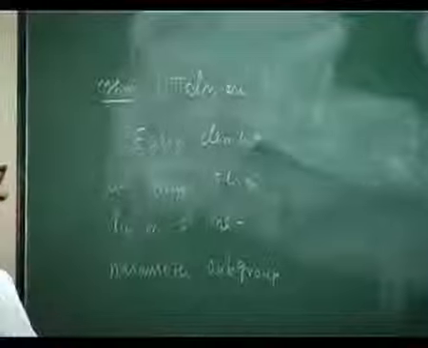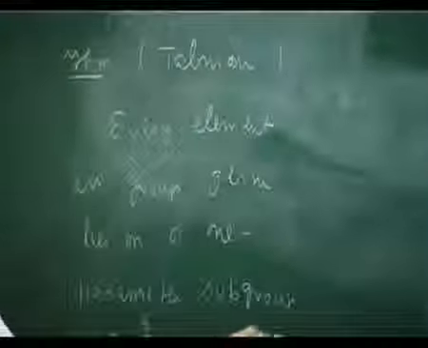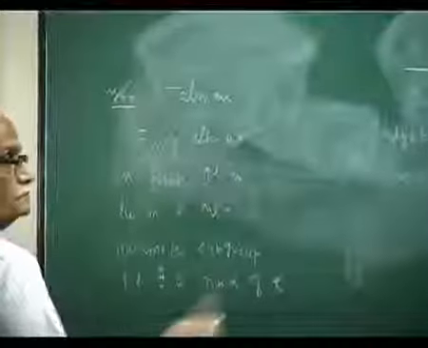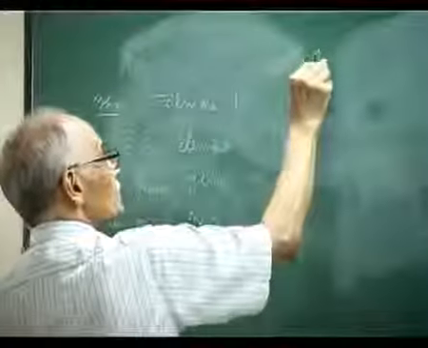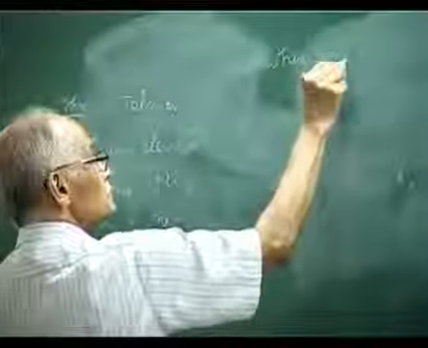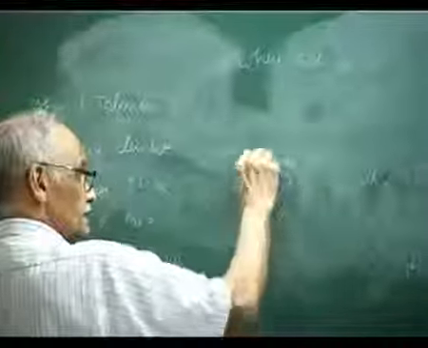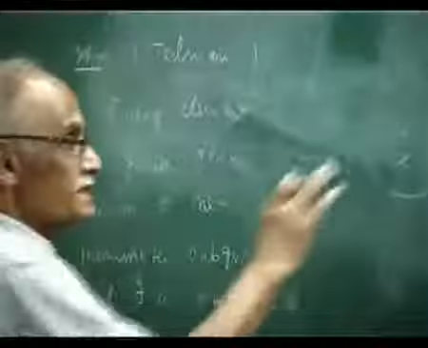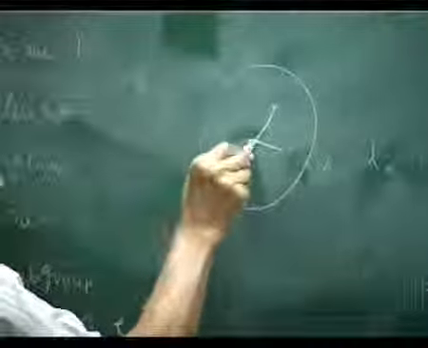That is, there exists a neighborhood of identity, which I will call the group germ, and each element of it lies on a one parameter subgroup like so.